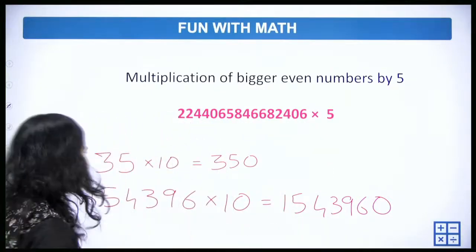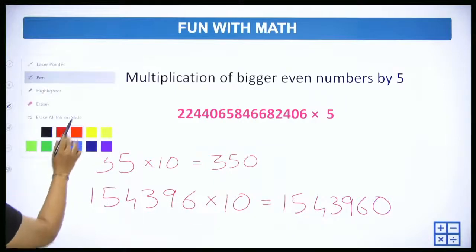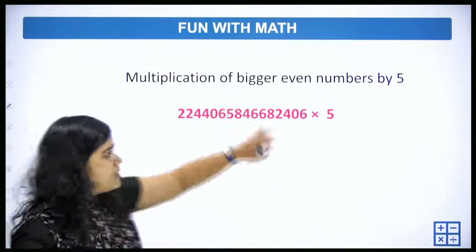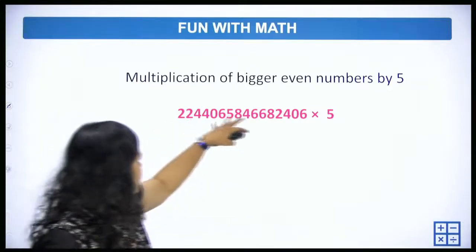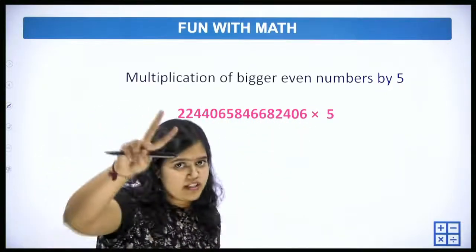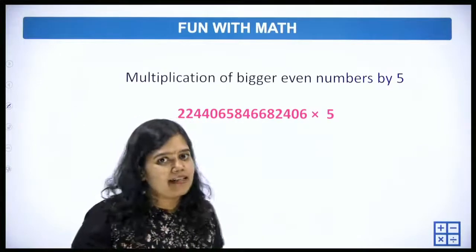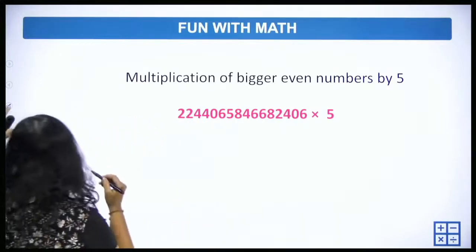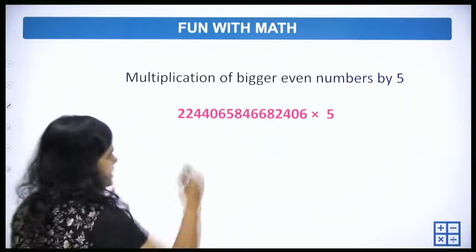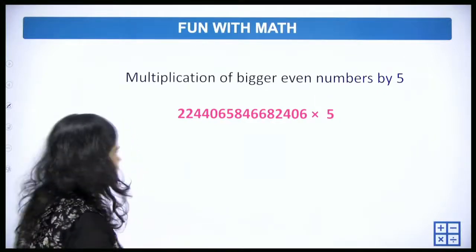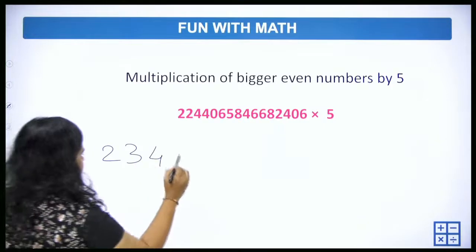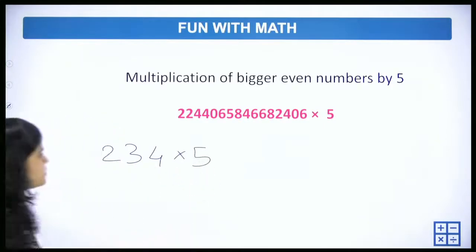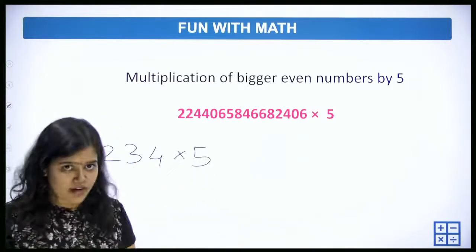Let's look how. So, how is it so simple? It's so simple for even numbers. The thing is, you divide the full number by 2 first and then multiply by 10. Before moving into bigger numbers, let's look at a smaller number. 234 into 5.